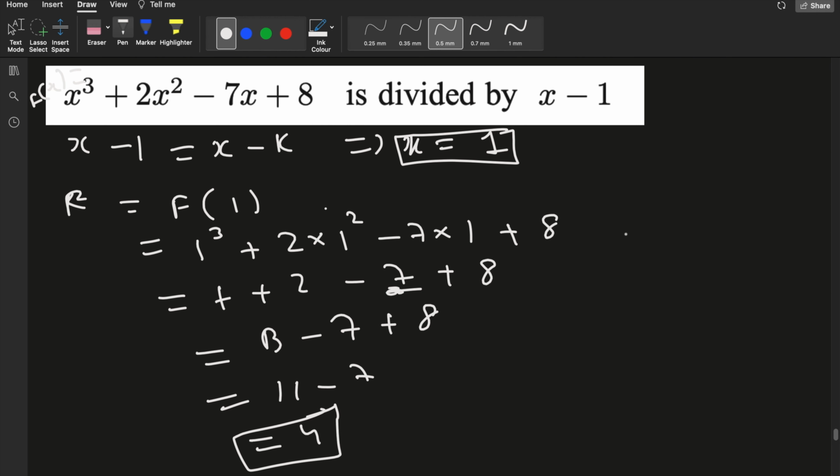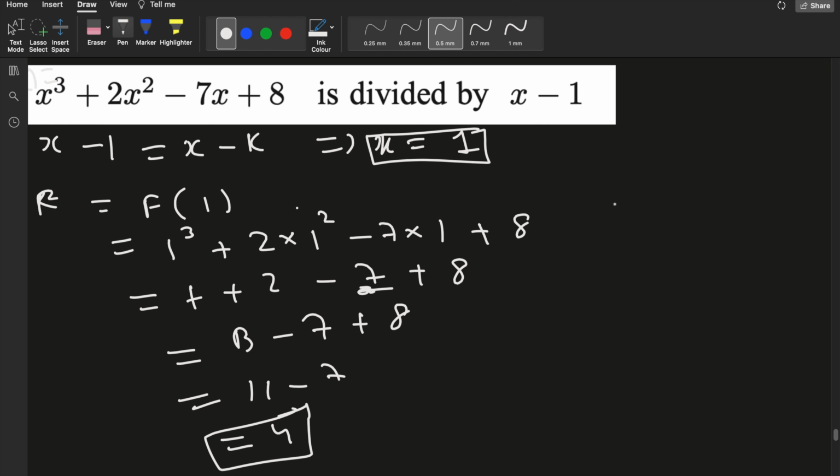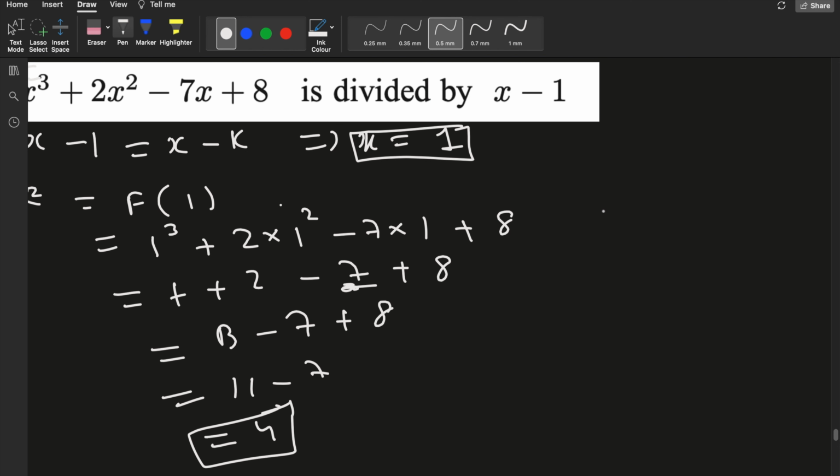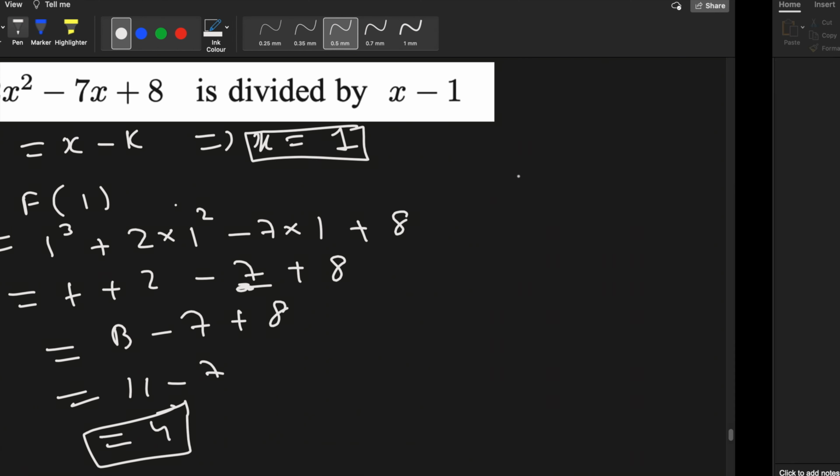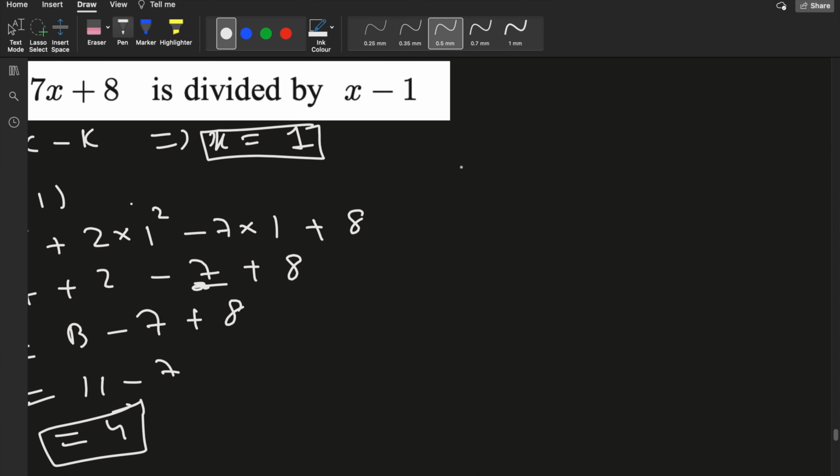Okay, so let us actually do the long division to ensure that this statement we have gotten is actually true. Let's do this. You know the drill. Divisor, I will do it in a different color.